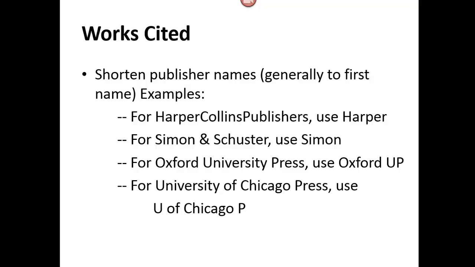Depending on where the university press is located, that helps to determine where you put the U and the P. So for Oxford University Press, you're going to list Oxford and then abbreviate University Press to UP, so Oxford UP. For the University of Chicago Press, you would cite that as U of Chicago P. So wherever the university press is located, put the U and the P in the proper place.